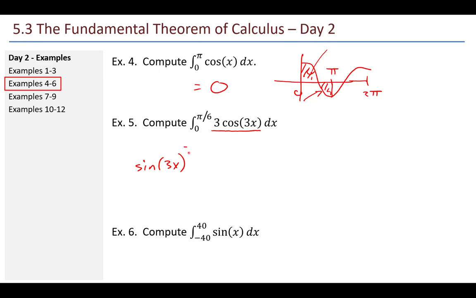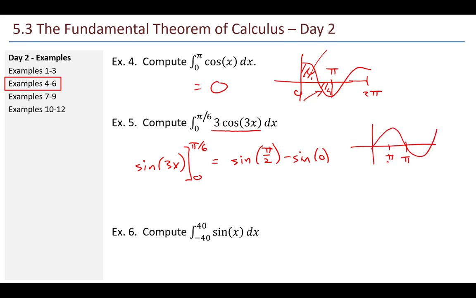So that's the guy I want to evaluate from 0 to pi over 6. So I get sine of pi over 2 minus sine of 0. And what is this? Here's my sine graph. Pi over 2, 1 minus 0 equals 1.